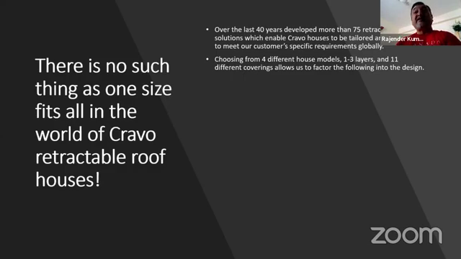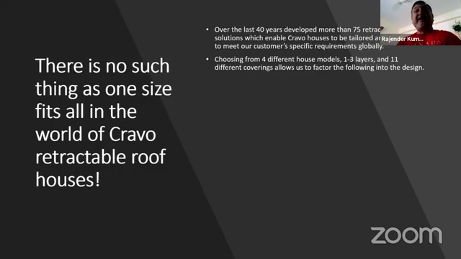So 1 to 3 layers we can put up: one top layer, then second layer of insect net, third layer maybe either additional for cooling, or it may be for blackout. And there are 11 different coverings that we use here. So that's why there are 75 different solutions which suit your crops and your climate.